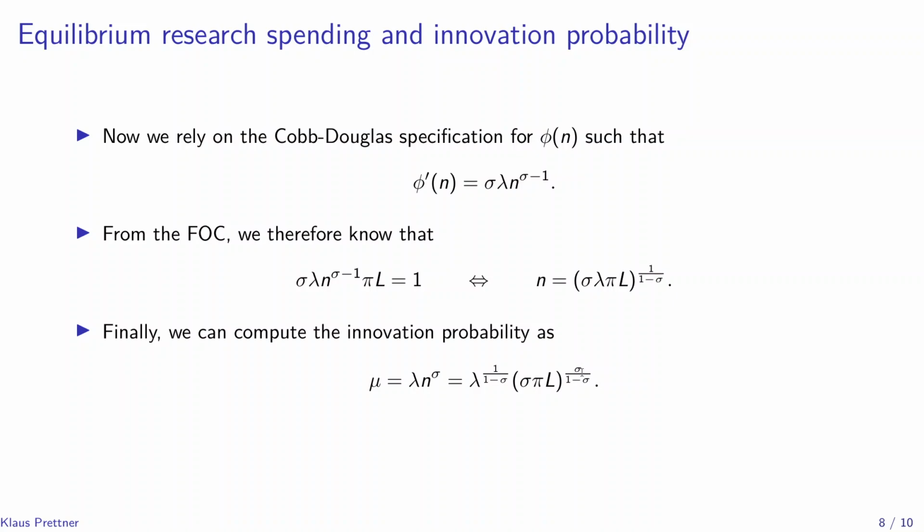So the exponent here is sigma divided by 1 minus sigma. And that's now the equilibrium innovation probability that you have at equilibrium at time t. And since the right hand side here is constant, it holds for all time periods t.